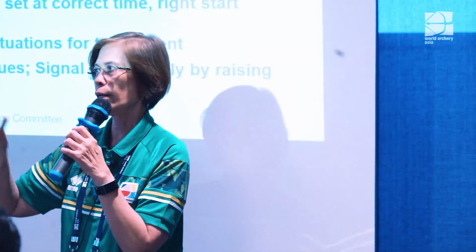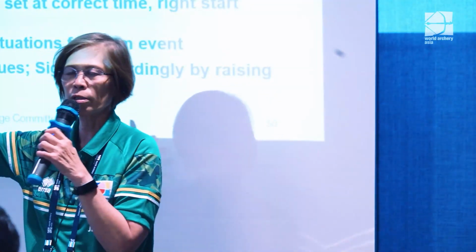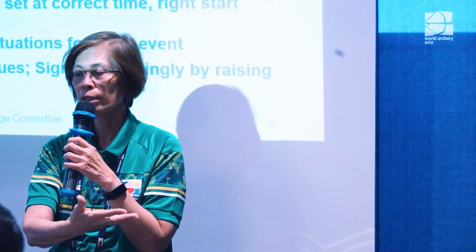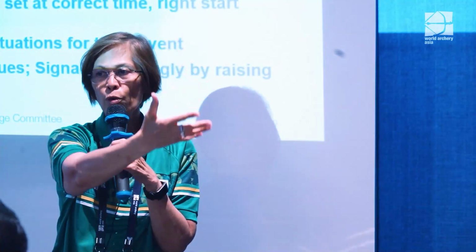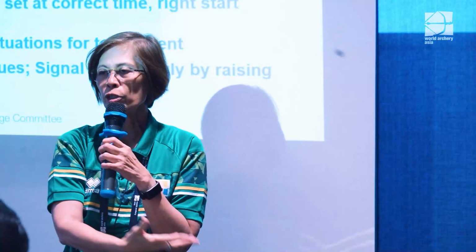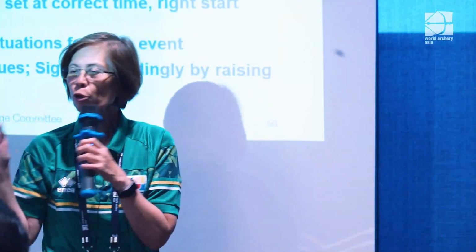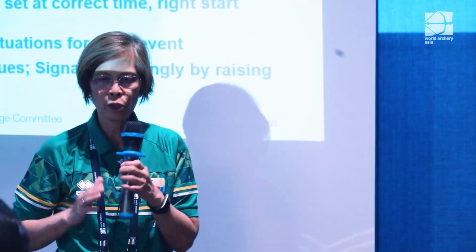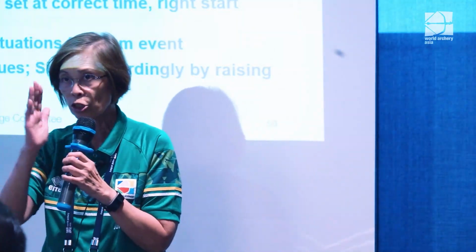And of course, the announcer is going to introduce target 1, archer so-and-so from so-and-so country. So you don't do anything. You don't clap. Please do not clap. You can just acknowledge that they're there.